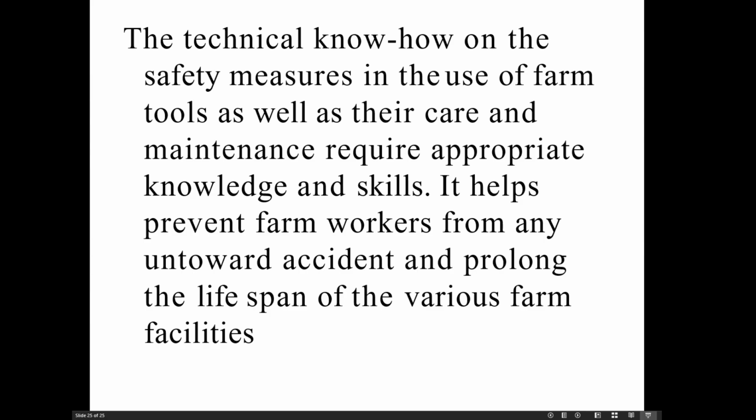So, hanggang sa numipis yun, hanggang sa mabutas siya. So, that will be a big problem. Ang pinakamasaklap class is when the time comes na sobrang kailangan mo siya, hindi mo siya magagamit kasi sira. Kasi hindi mo siya inalagaan.